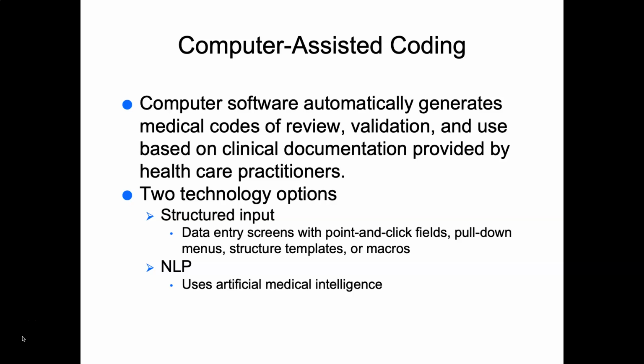And then you go in and you review the documentation, review the codes. You accept the ones that you agree with, you eliminate the ones you don't. You can do some additional coding on your own, but it's meant to sort of give you a jump on coding, especially if there's something common, easy that the system can pick up that the coder doesn't have to really worry about.